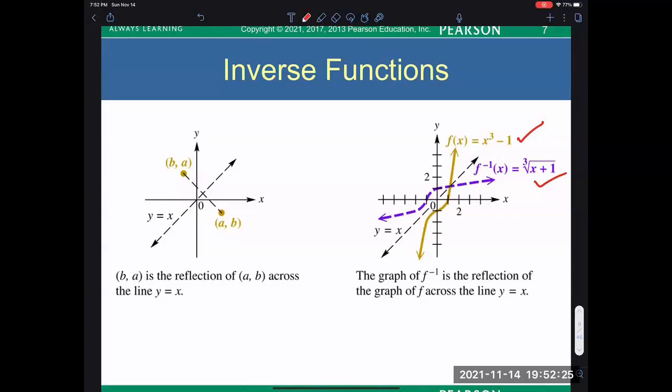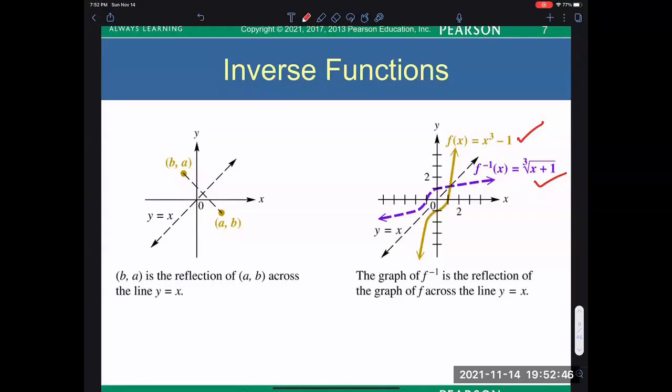So all of these aspects of taking an original function, modifying the domain if you need to, so that you end up with a one-to-one function, then reflecting that across the line y equals x, or flipping all the x and y values of all the points, then gives you this inverse function.